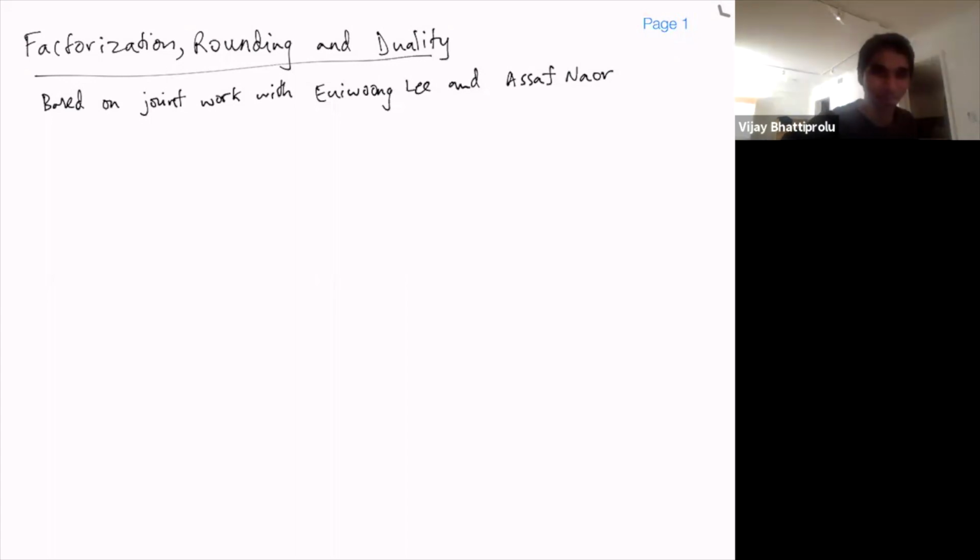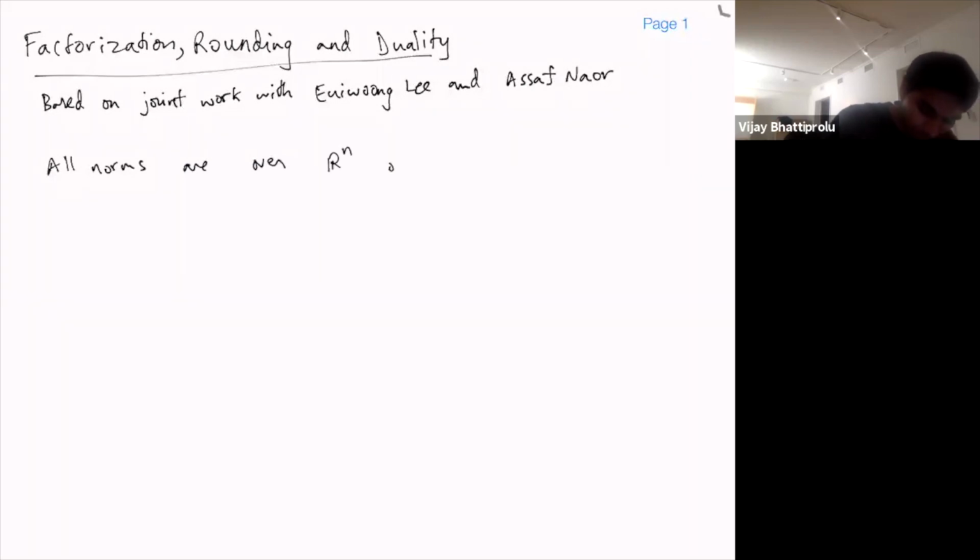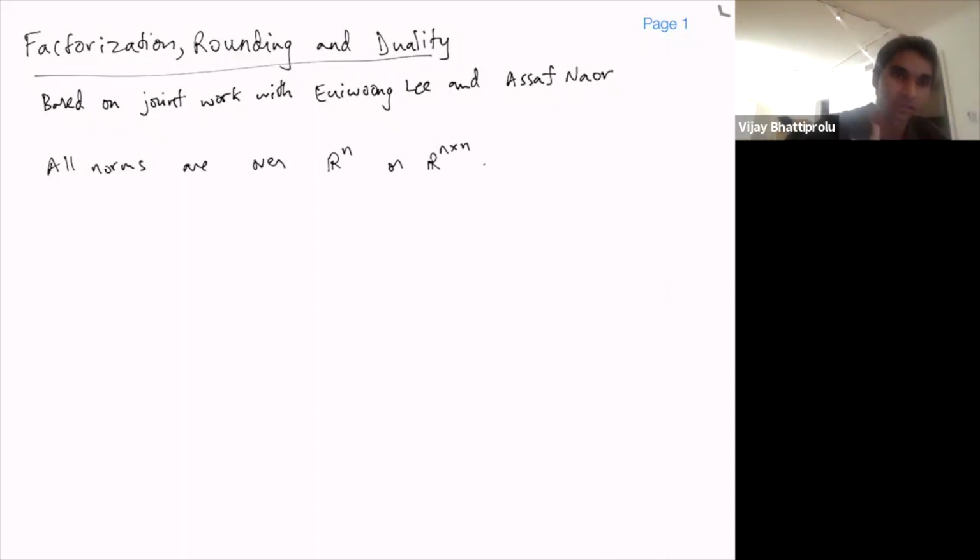Before that, we require a lot of preliminaries. Again, mostly recapping. So all norms in this talk are over R^n or R^(n×n), so either the space of n by n matrices or n-dimensional Euclidean space. There is this well-known correspondence between origin symmetric convex bodies and norms.